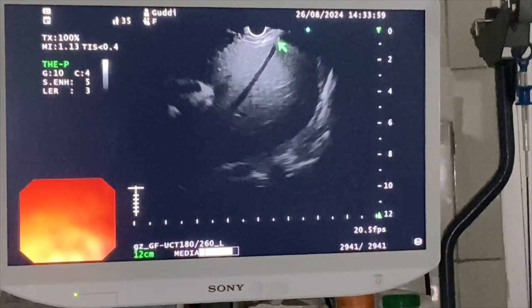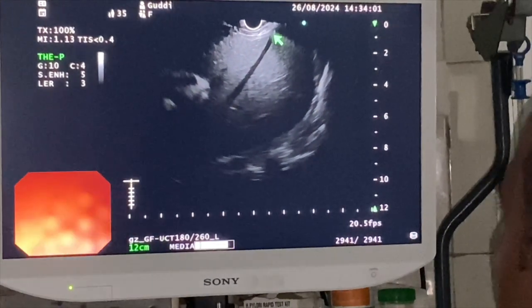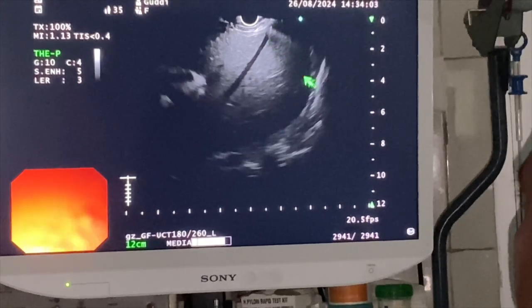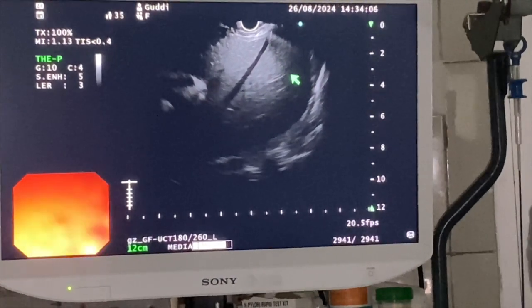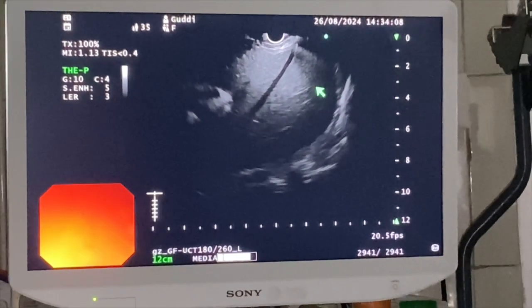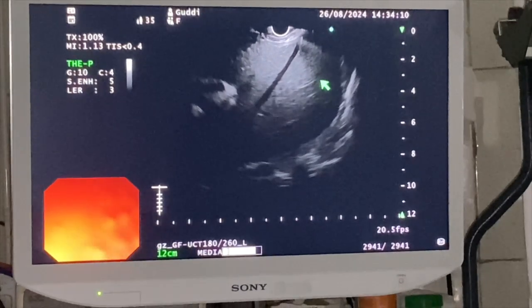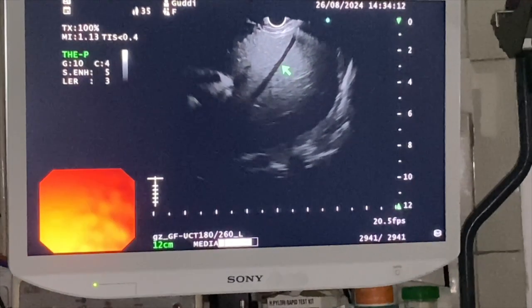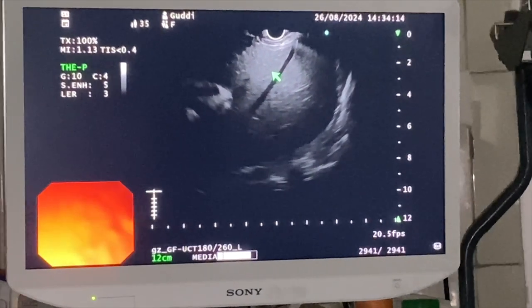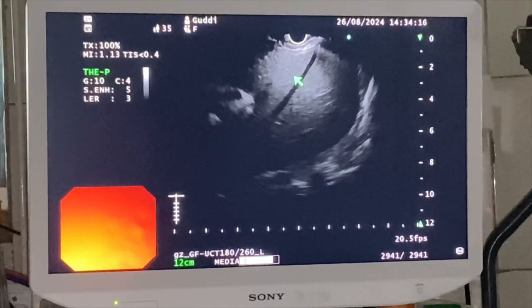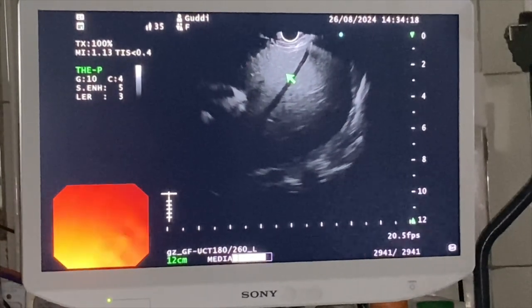So this is the right hepatic vein. The liver segment which is away from the probe is segment 7, and the segment which is towards the probe and above the right hepatic vein is segment 8 of the liver.